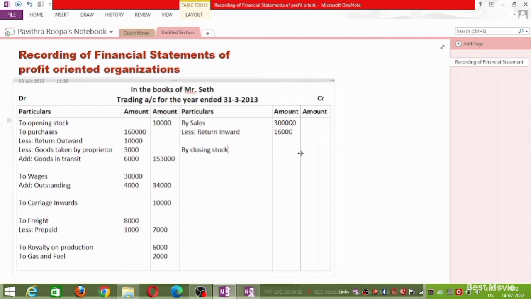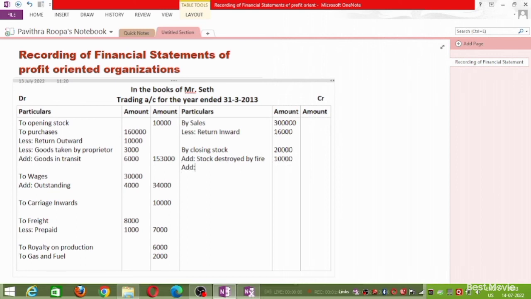Next, by closing stock 20,000. There is an adjustment, so I am writing in the inner column. We have to add stock destroyed by fire. The amount is rupees 10,000. Adjustment is there.